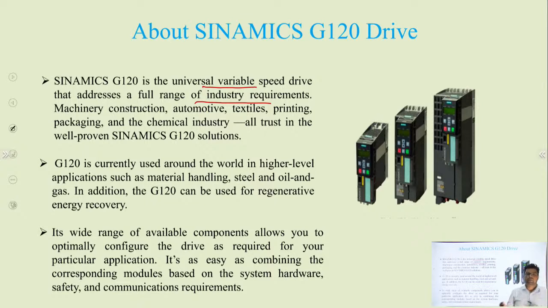The range of applications of the Sinamics G120 drive is very high compared to other drives. Its application components are very wide, it is easy to configure, and its communication is very easy compared to other drive systems.